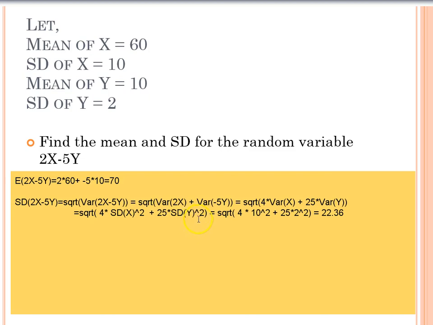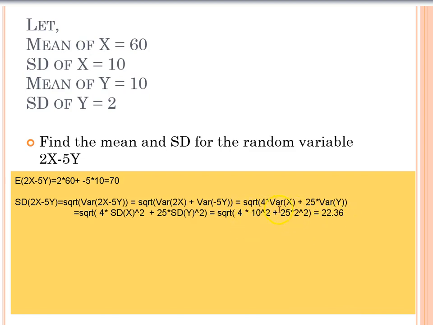And we can put the standard deviation of y squared in place of the variance of y. So that's what I've done in this step. The next step is then just to plug in the standard deviation of x, 10, and the standard deviation of y. And that gives us a final answer of 22.36.